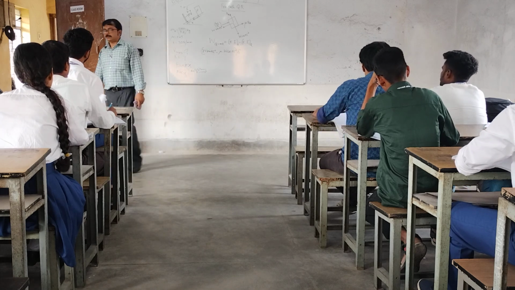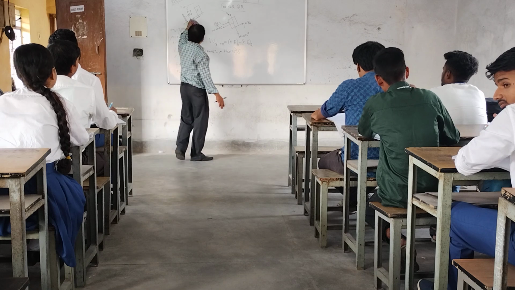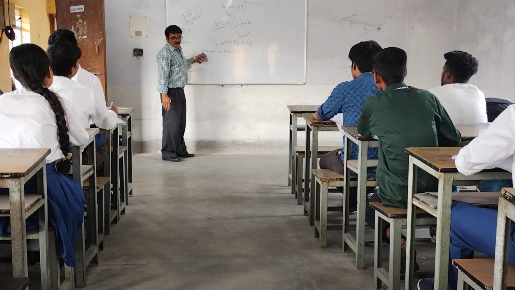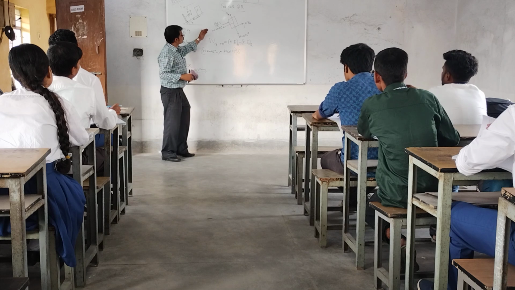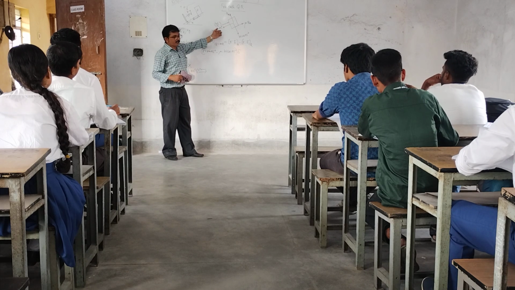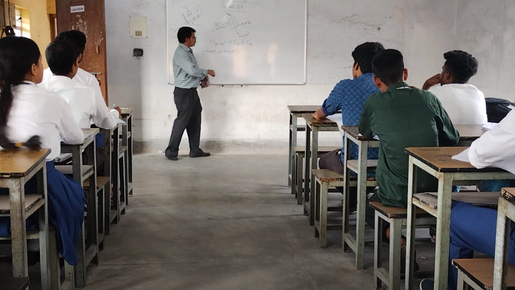There is another term: the work done by the spring, written just now. The spring force acts in this direction, k delta by 2, and the displacement is in this direction, so k delta by 2 into minus delta.